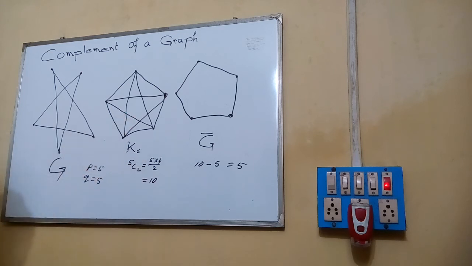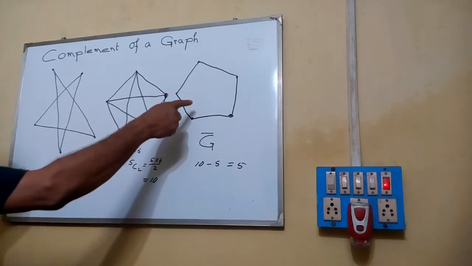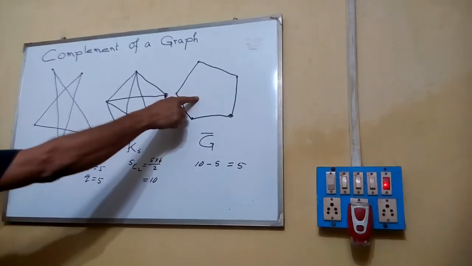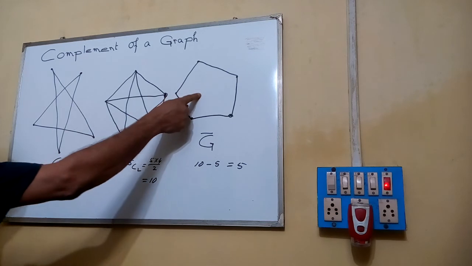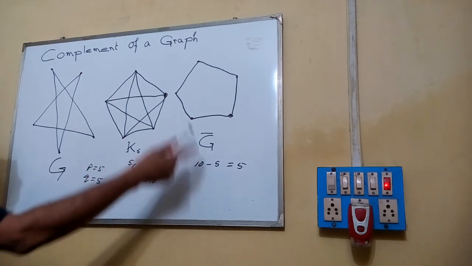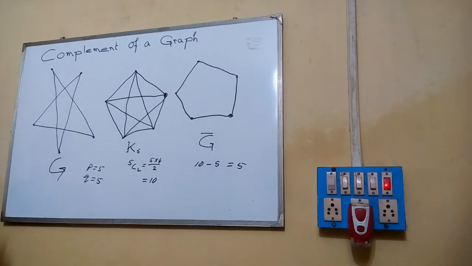In this graph, one more thing: if we want to draw the complement of this one, you will see this one will be the complement of G. That means complement of the complement of G will give you G. Number of edges also you can calculate.